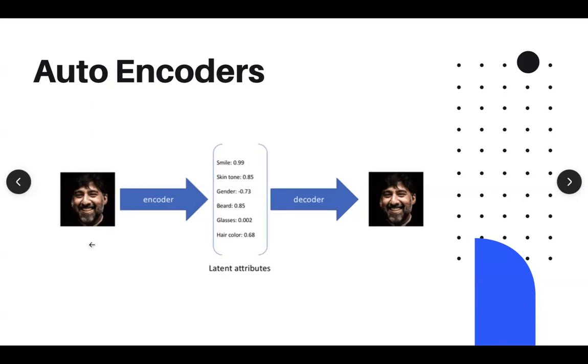The gender, clearly this is a male, so the gender is -1. The beard, clearly this person has a beard, so the beard is 0.85. Whether it has glasses or not, clearly it has no glasses, so it's 0.000 something. The hair color is very dark, so it's 0.68.